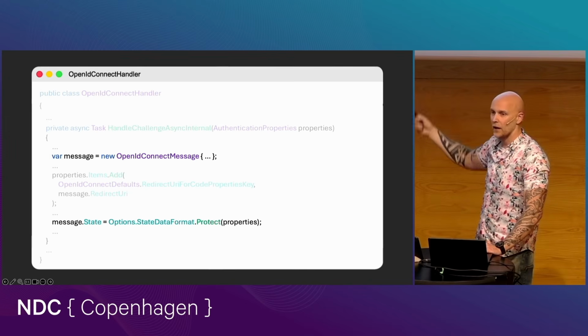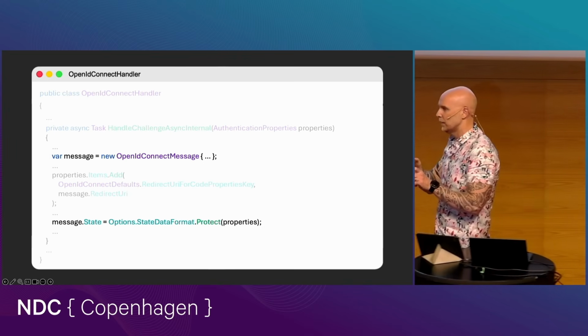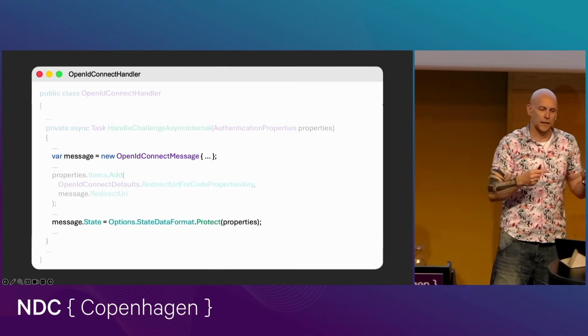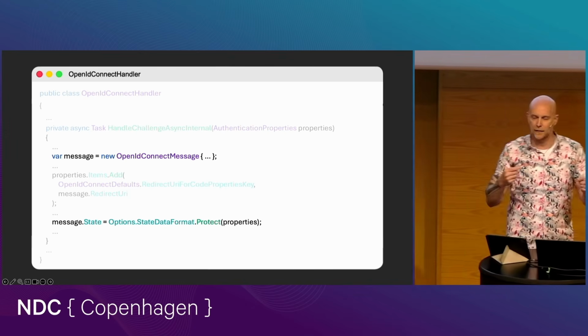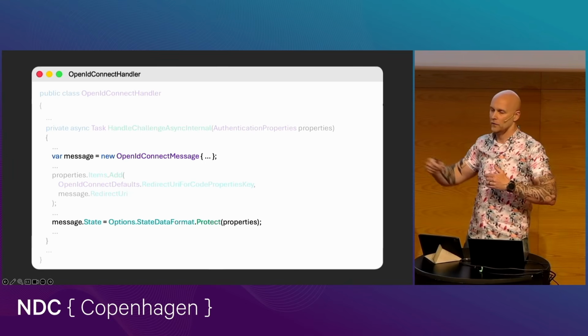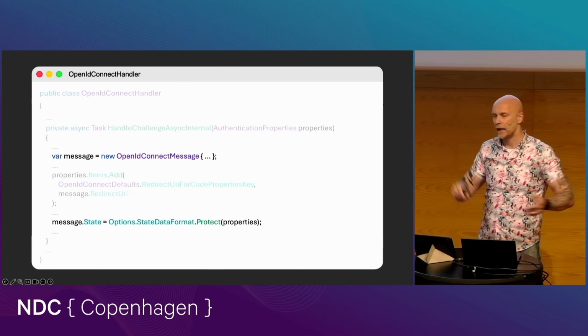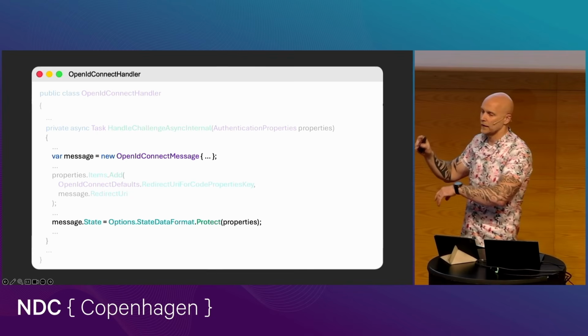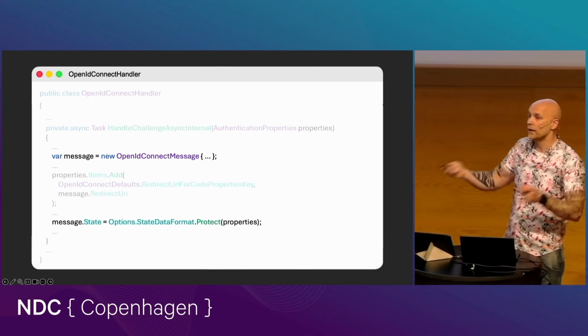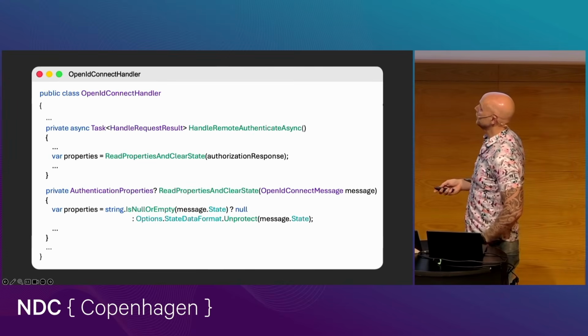So what happens there is that it basically takes your Items dictionary, serializes it to JSON, encrypts it, base64 encodes it, and adds it as the state parameter to your request to Facebook, Entra, whatever. Then the person logs in over there and gets authenticated, gets redirected back, and that state parameter is then redirected back from the prior identity provider.